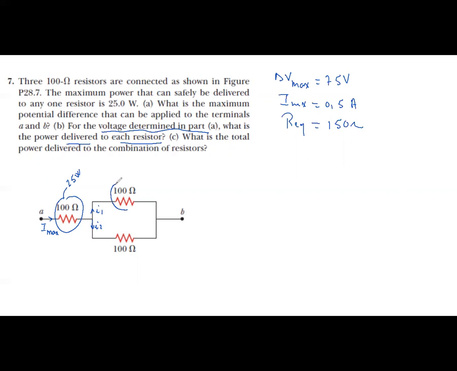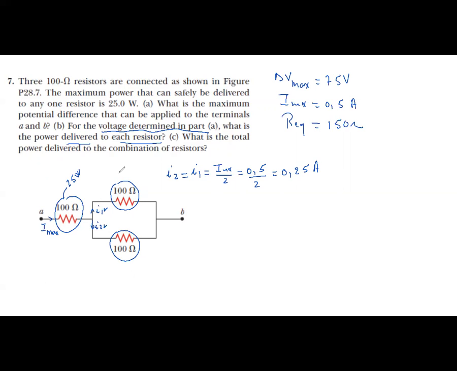As we have the same resistance here and here, we have the same value of I1 and I2. I maximum equals 0.5, so I1 equals I2 equals I maximum divided by 2, which is 0.5 divided by 2 equals 0.25 ampere.